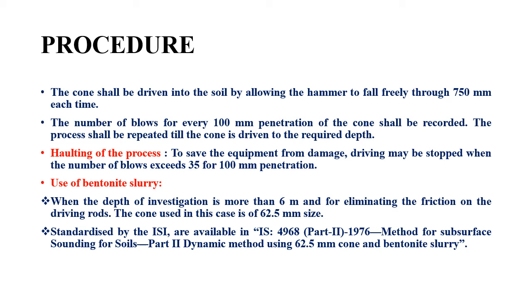So there is a special IS code for that. And also there is a slight difference in the diameter of the cone used in this procedure when bentonite slurry comes into picture. So here the cone used will be a 62.5 mm dia cone when bentonite slurry is also used along with the dynamic cone penetration test. And this is the IS code to be followed for the same.